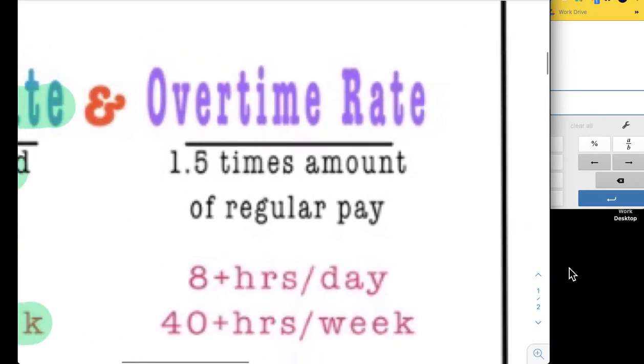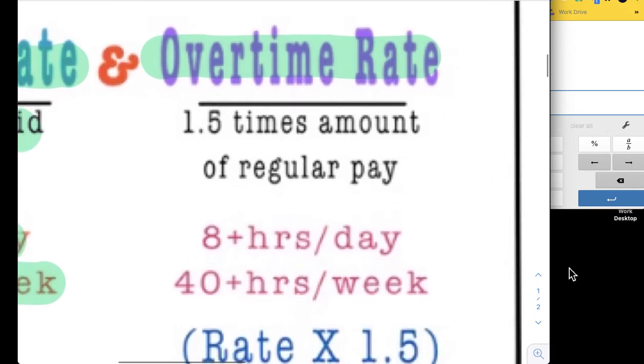Then you get overtime rate. Overtime means when you work more than 8 hours a day. So the law says that an employer must pay their employees a certain number per hour, right? But after 8 hours, it becomes overtime, right?